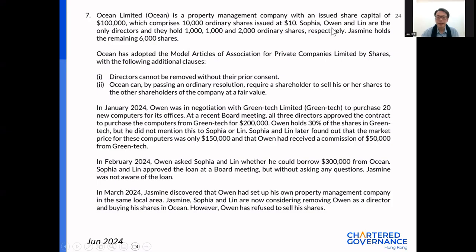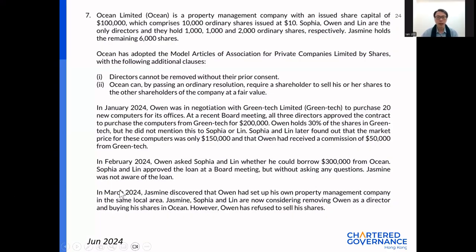These people are the only directors: Sophia, Owen, and Lynn, and they hold 1,000, 1,000, and 2,000 ordinary shares respectively. So Jasmine holds the remaining 6,000. You can see there are 3 directors holding some ordinary shares, and then you also have 1 shareholder, Jasmine, who holds a majority of the shares.